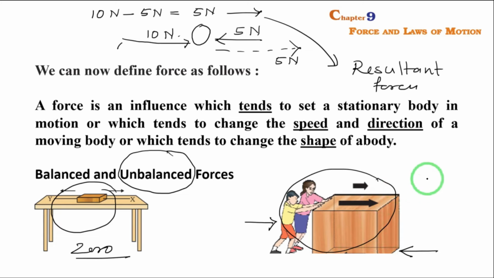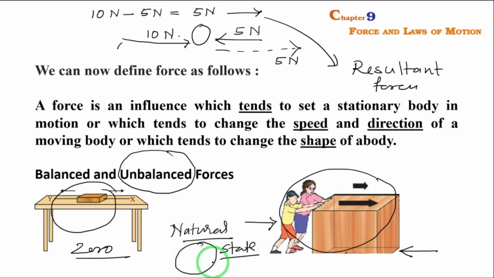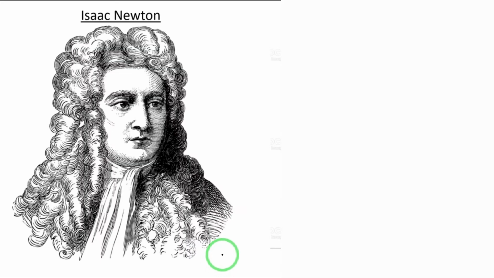Initially, people thought that objects in this universe are at rest, which is a natural state. But in the recent past, during Galileo Galilei, and more so Isaac Newton, they said that the body will move when some force is applied on the object.